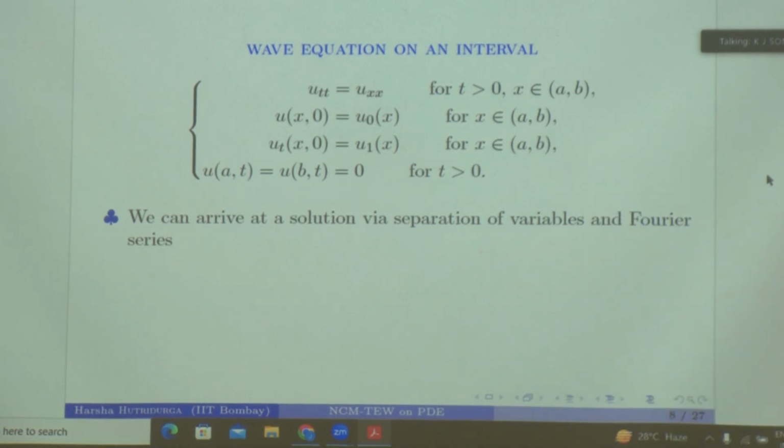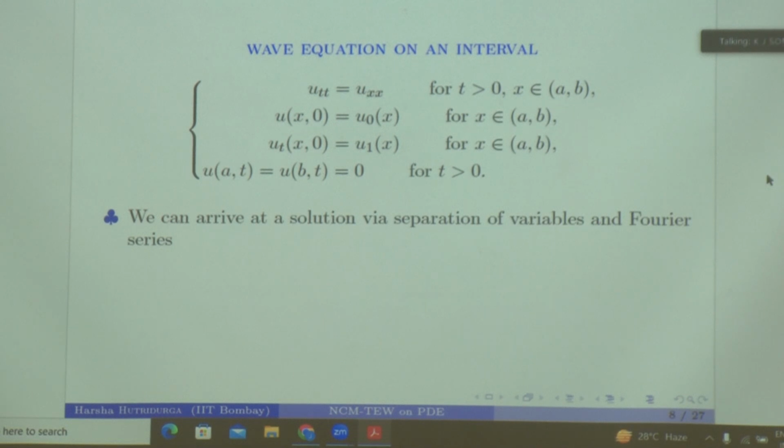Suppose this is my interval AB, where I'm trying to solve the problem. I take this point x, which lies in the interval AB, and I draw those lines. To apply D'Alembert's formula, you need to know x minus ct and x plus ct. So this is x minus ct and this is x plus ct, let's say.